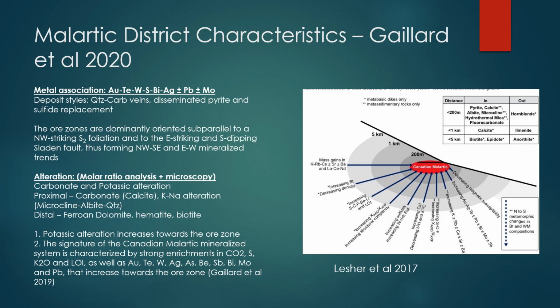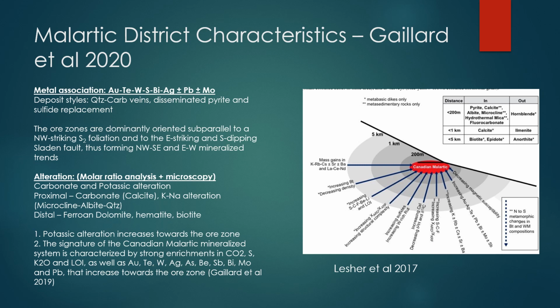And the major one that is talked about in the literature is the fact that we see a change in the alteration and a change in the metal associations. The alteration tends to be more carbonate and potassium-sodium alteration proximal to the deposit, but becomes much more hematitic and less potassic away from the deposit.